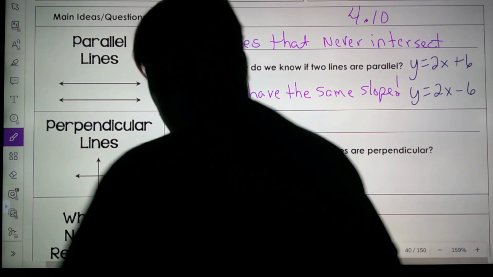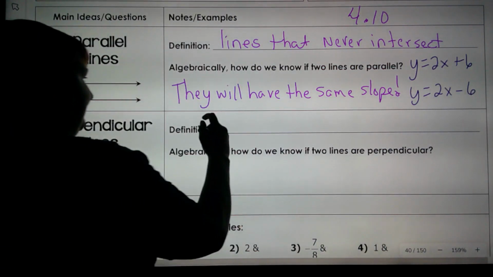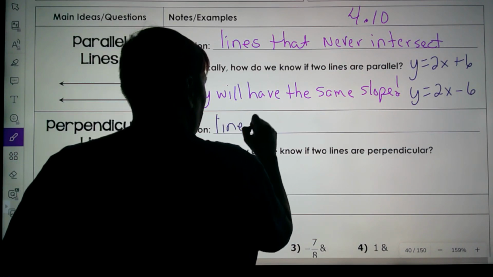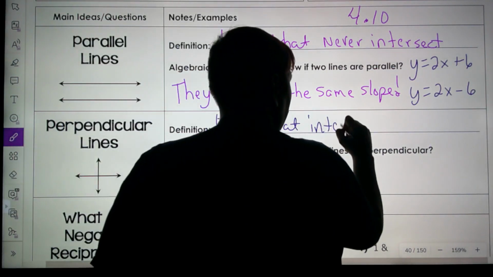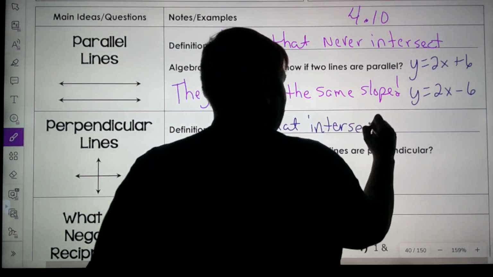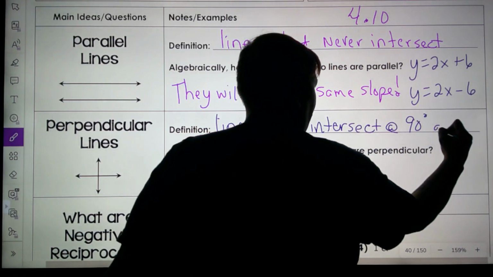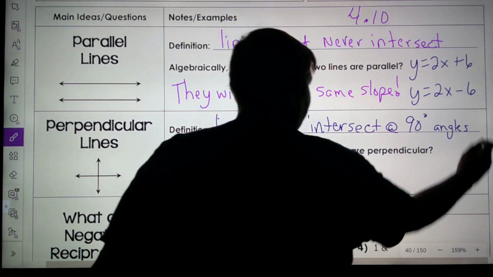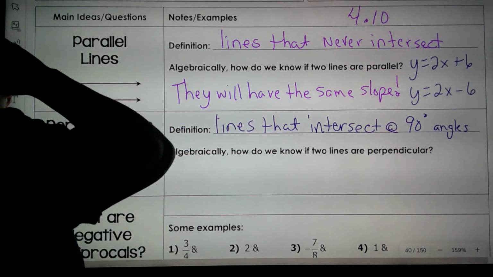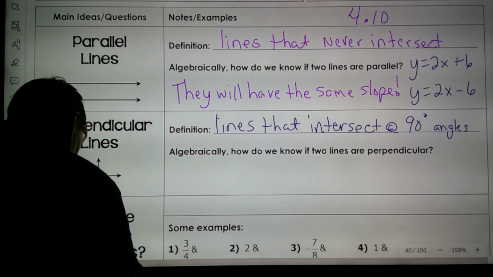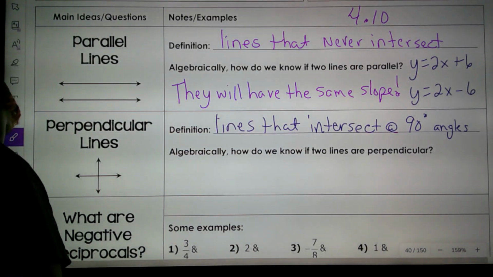All right? Now, perpendicular lines are lines that intersect at 90-degree angles. And how do we know if lines are perpendicular?